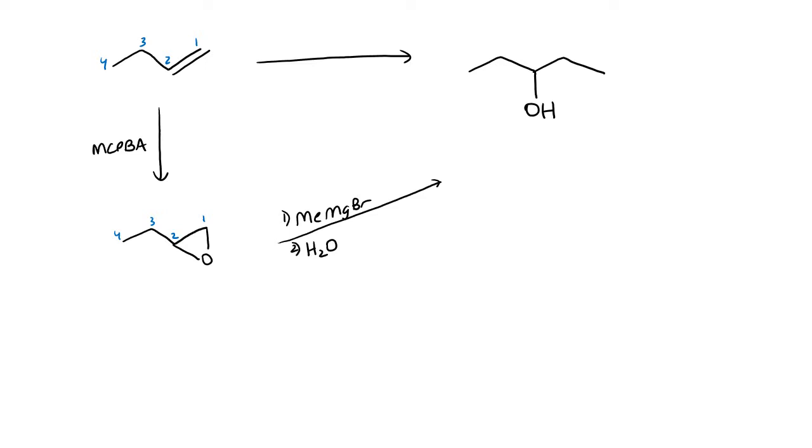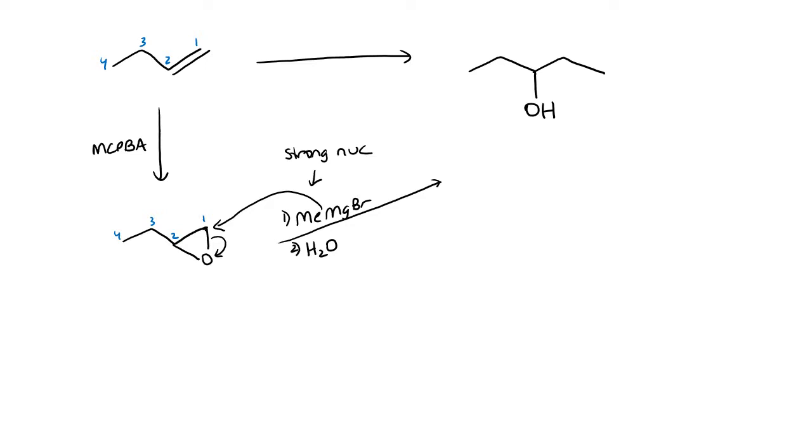Now our Grignard reagent is a strong nucleophile. So that means it needs to attack the least hindered carbon of our epoxide, which is going to be carbon number 1. Now as the Grignard attacks carbon 1, we're going to add the methyl group there, and it's going to break the bond between carbon 1 and the oxygen of the epoxide.